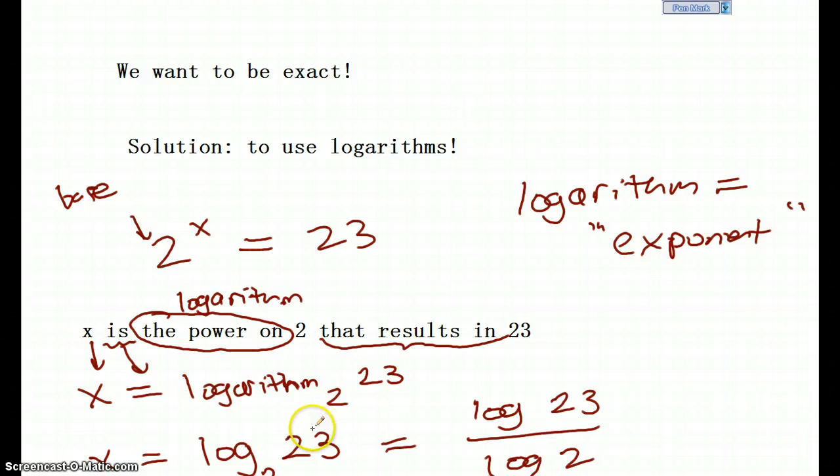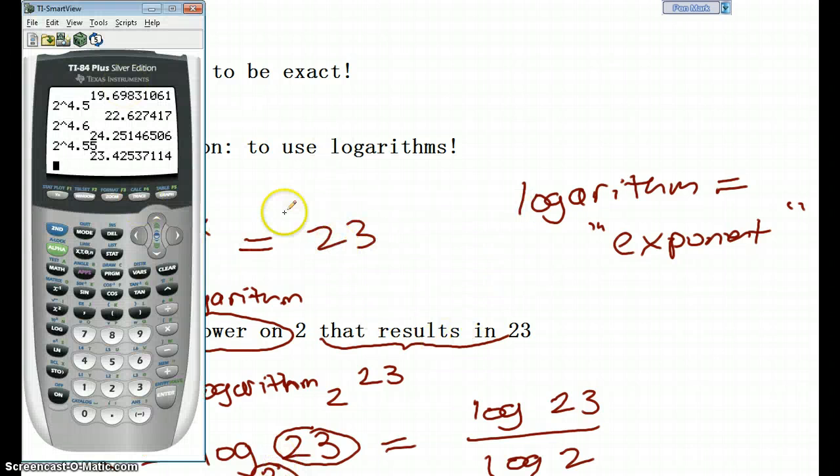So you'll notice that I'm dividing log 23 divided by log 2. The reason we have to do this is because our calculator only thinks in base 10. So don't worry too much about that yet, except that in order to be able to compute this, I would have to do log 23 divided by log 2.